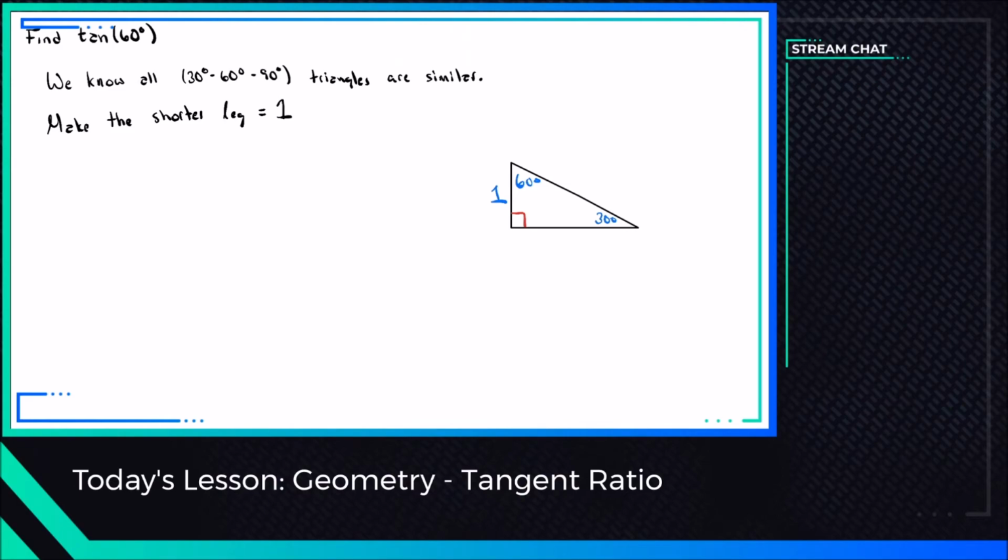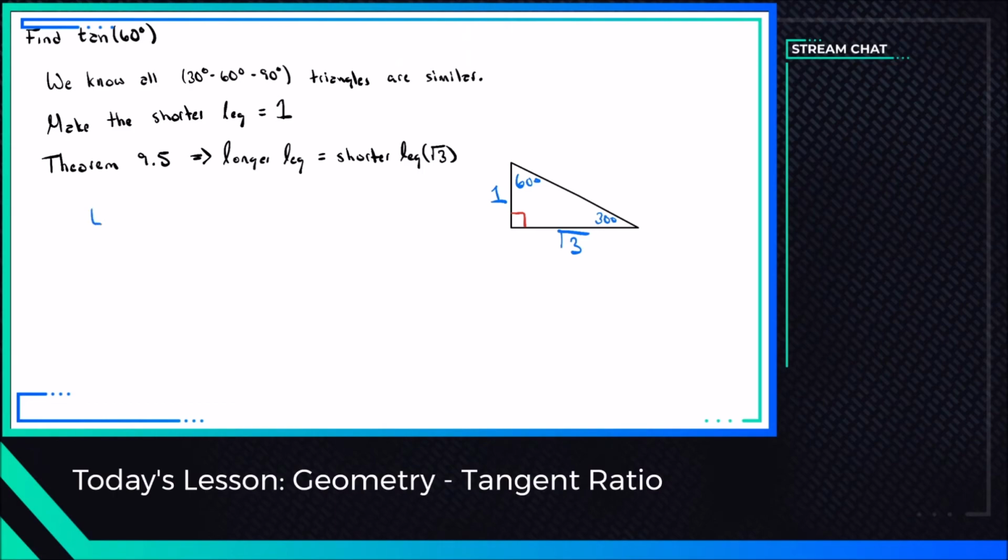And from theorem 9.5, we know that the longer leg is equal to the shorter leg multiplied by the square root of 3. And so if we take our short leg, which is equal to 1, multiply it by the square root of 3, our longer leg is equal to the square root of 3.